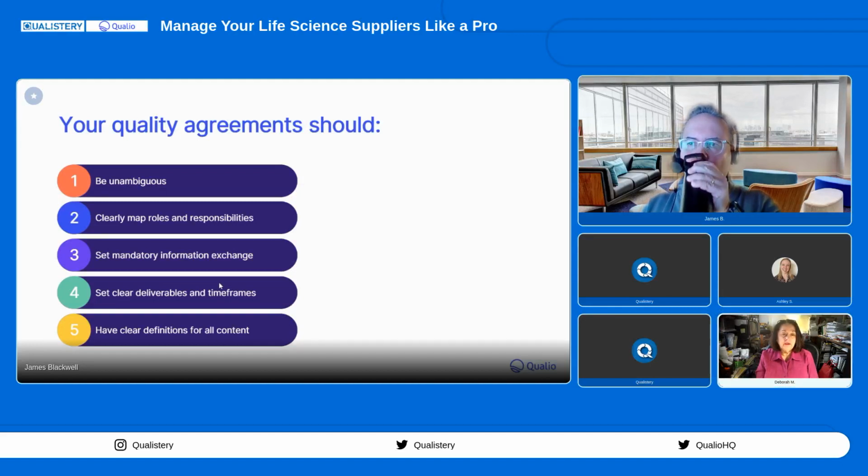Roles and responsibilities, mandatory information exchange and how you do that. And if you have common folders in a SharePoint somewhere where you place information or track timelines, the detail doesn't necessarily have to be in the quality agreement, but those are the kinds of things you want to think through when you're doing the quality agreement.